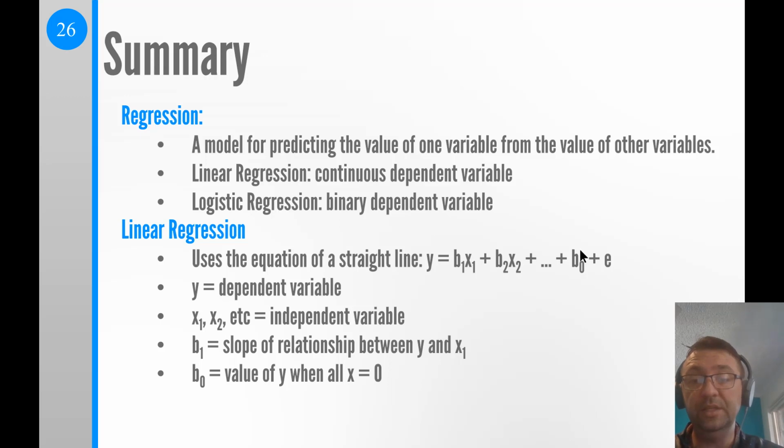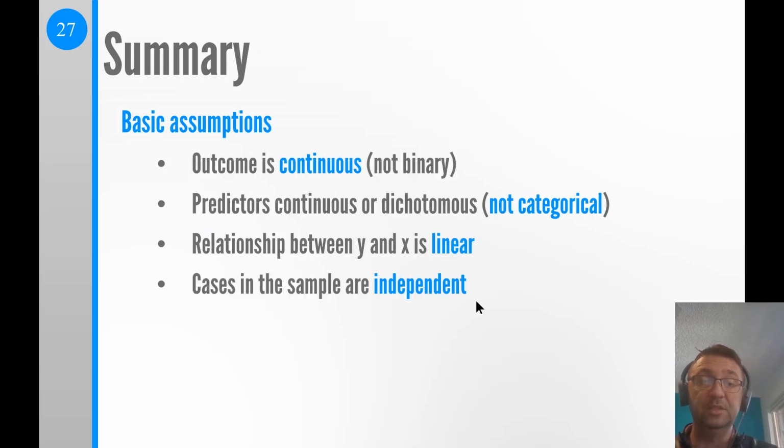B0 is an intercept, and B1 and B2 are how much you multiply those values by to get the outcome. Okay, we'll get to it, and I'll make it make sense. It has some basic assumptions: that the outcome is continuous, the predictors are not categorical, the relationship between x and y is linear, and the samples are independent.